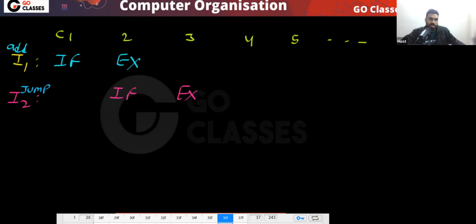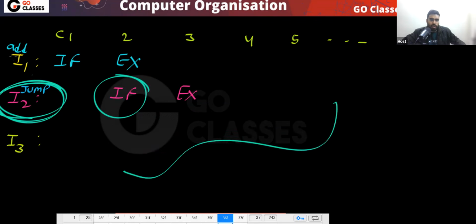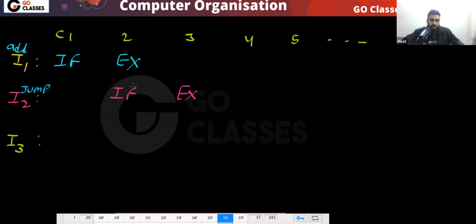Now tell me, in the instruction fetch phase, when you are fetching this instruction from main memory to the CPU, can you find out whether it is a jump or not? No, you don't know. So in this cycle, we don't know whether I2 is a jump or not.